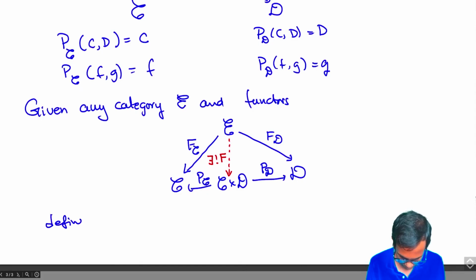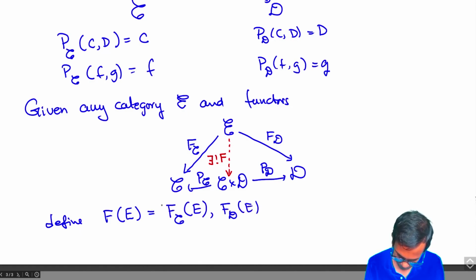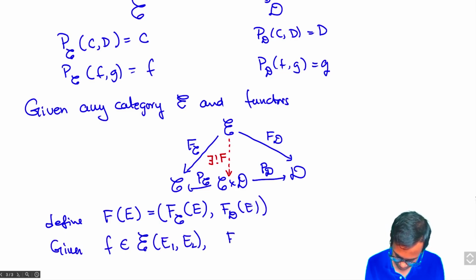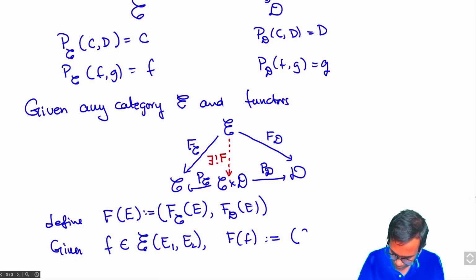Define F of any object E to be (F_C of E, F_D of E), and given any morphism, let's say we have two objects E1 and E2 of E, we can define F of f to be (F_C of f, F_D of f).